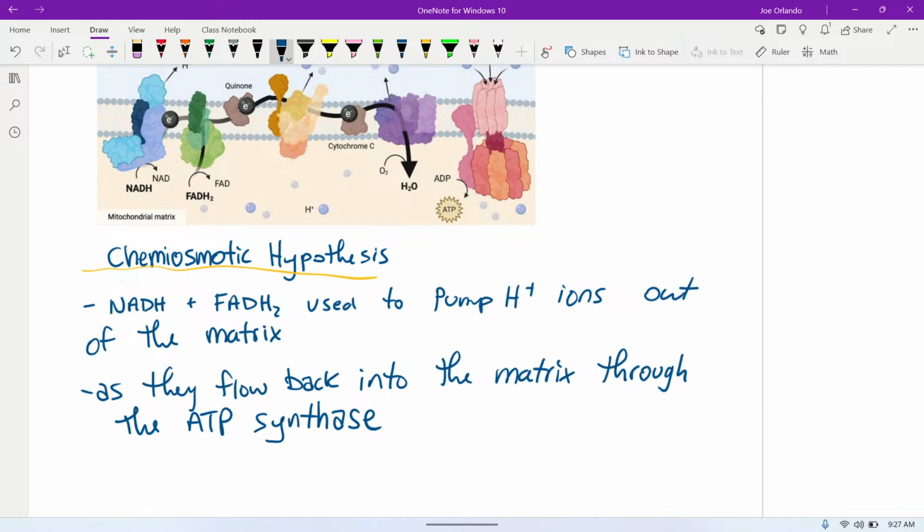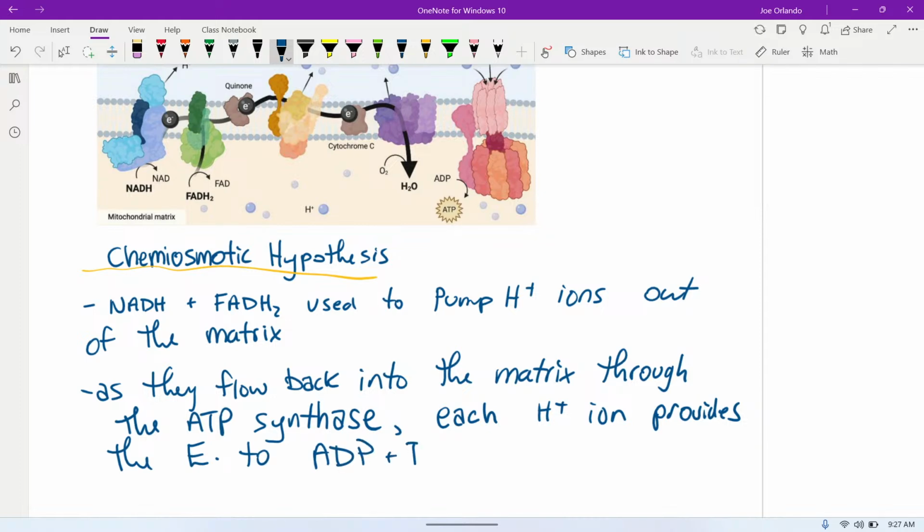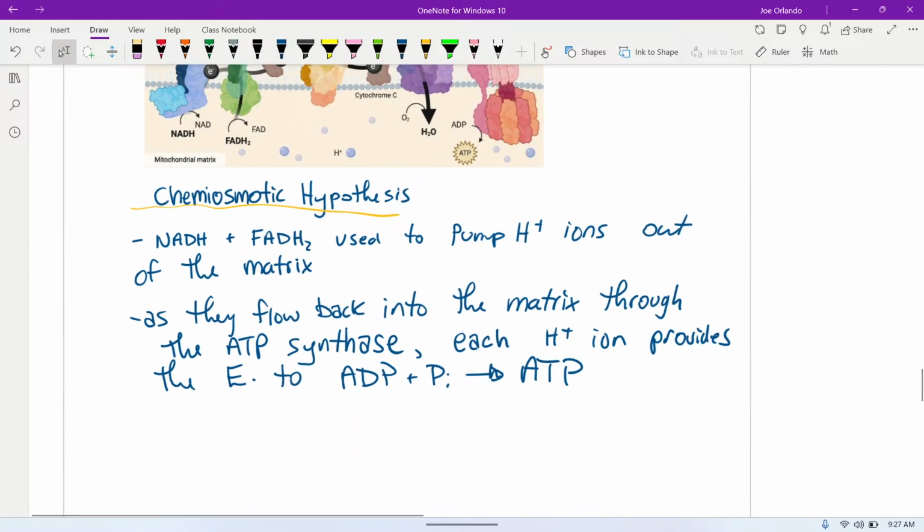As they flow back into the matrix through the ATP synthase, each H plus ion provides the energy to take an ADP and phosphorylate it to form an ATP, and that is now ready for the cell to use as energy.